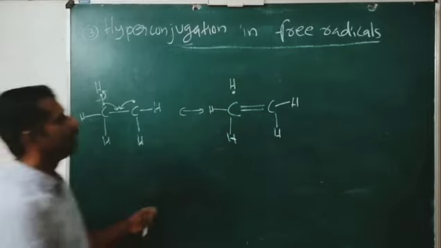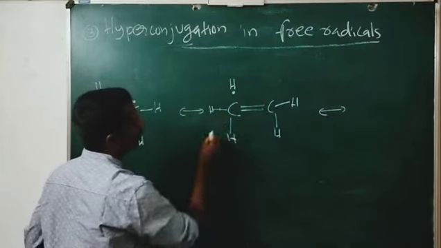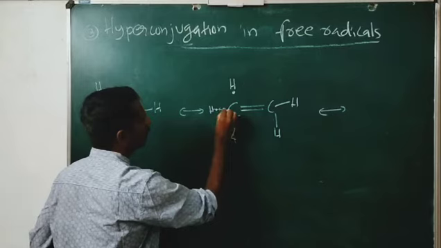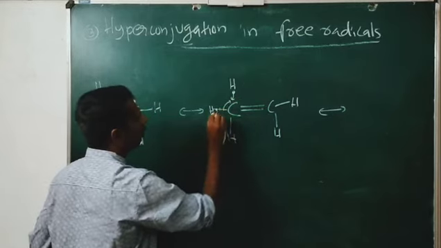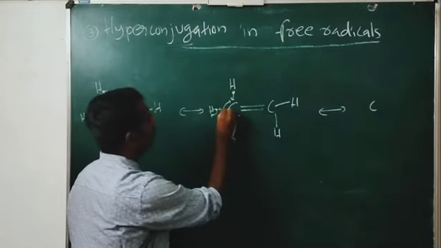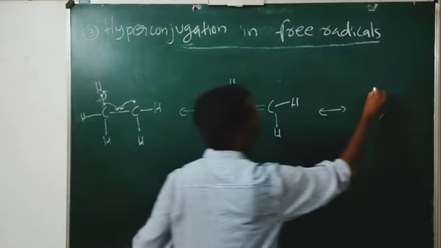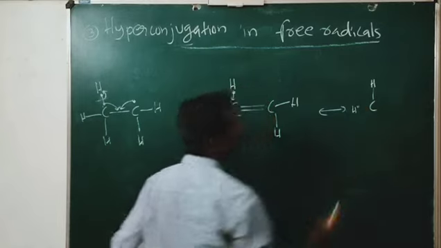Clear? In the second canonical form, this bond breaks. Here is one electron and here is one electron. This electron will join with the carbon's electron, and this electron will go with this hydrogen. Again the bond forms, and the hydrogen goes with one electron.